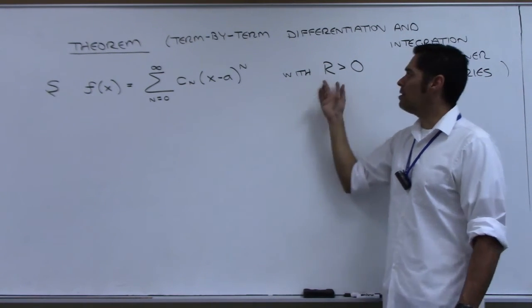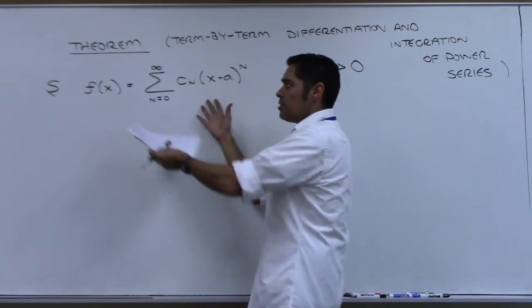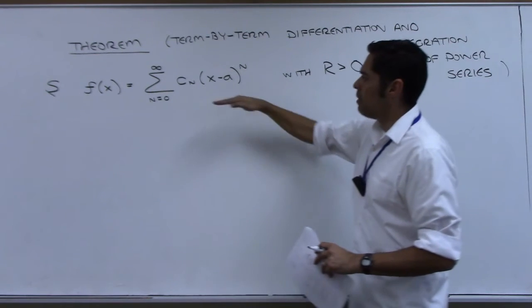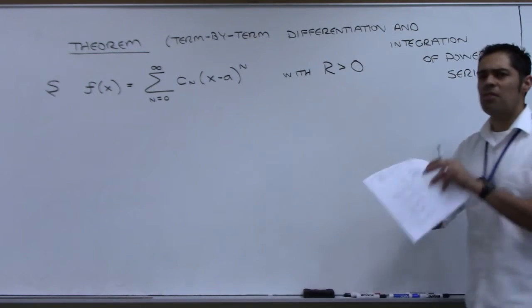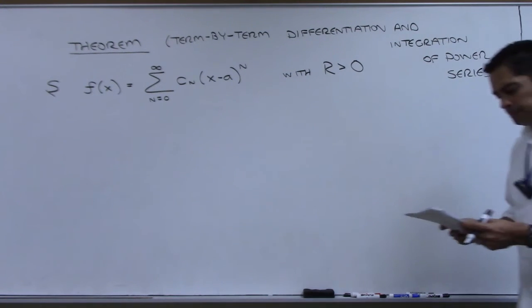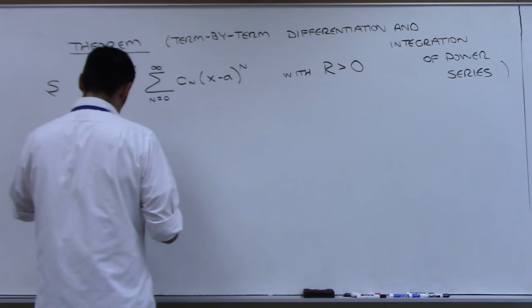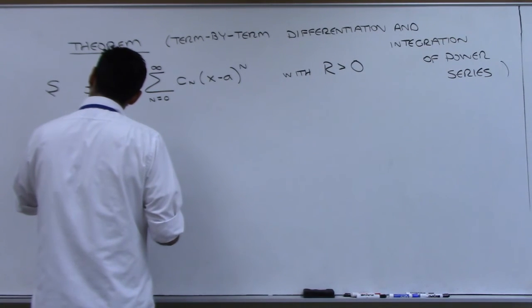Remember how we talked about the radius of convergence telling us something about the domain of the function? So we're talking about a function that can be represented as a power series and that has some domain other than just 1 point, 0. So it's got some interval as a domain. All right, suppose that's true.